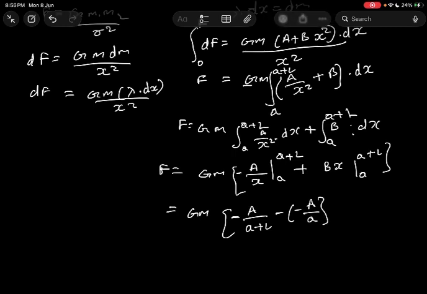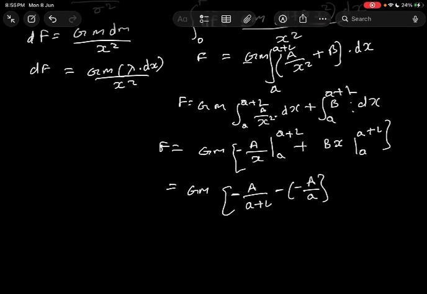Yeah, I'm just substituting the values of the integration, nothing complicated. b of a plus l minus a, that's it, there we go, GM.